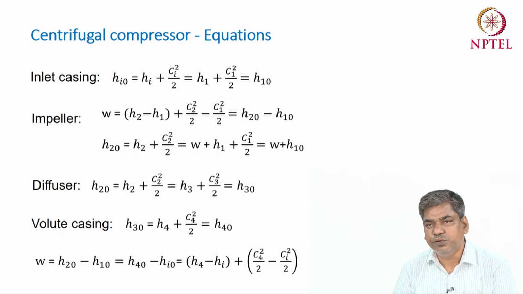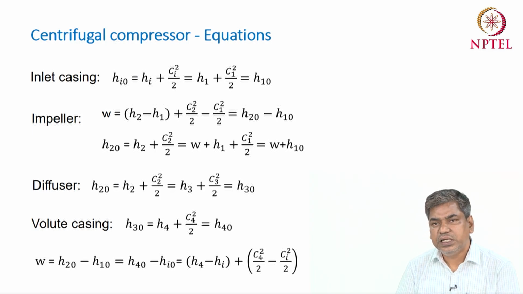For the special case, if we assume that the inlet velocity is nearly equal to the outlet velocity of the system, and you can neglect the inlet velocity and outlet velocity, then the work transfer is equal to the enthalpy change between the outlet and inlet.